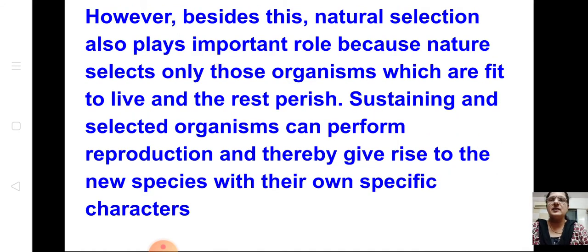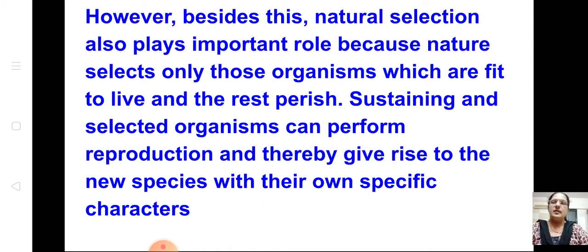Natural selection plays an important role because nature selects only those organisms which are fit to live and the rest will perish. Sustaining and selected organisms can perform reproduction and thereby give rise to new species with their own specific character.